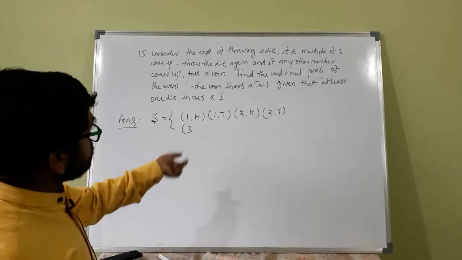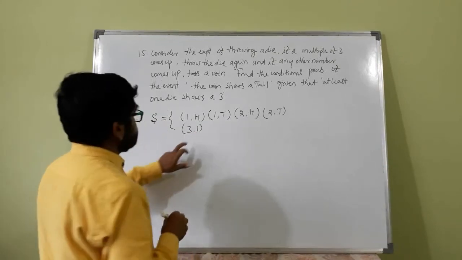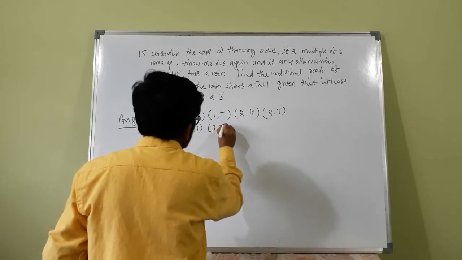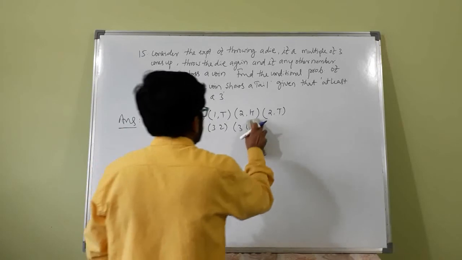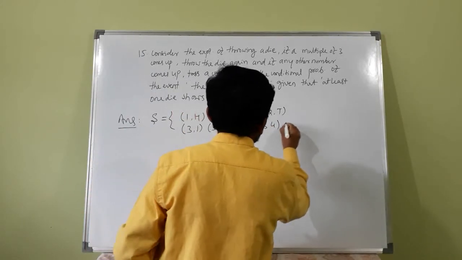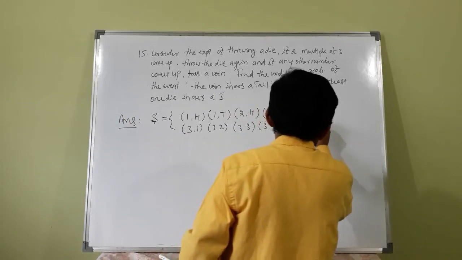You will roll the die again. So with 3, you may get another number: 3,1, 3,2, 3,3, 3,4, 3,5 and 3,6, isn't it?